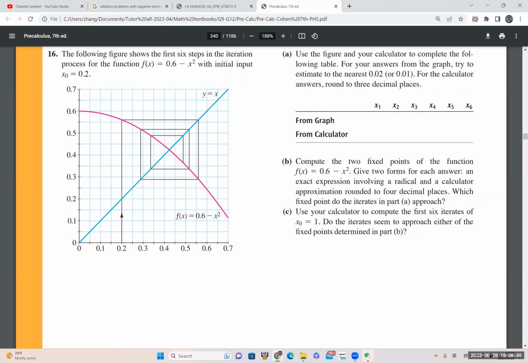I suppose we need to know y of this, then keep going, right?